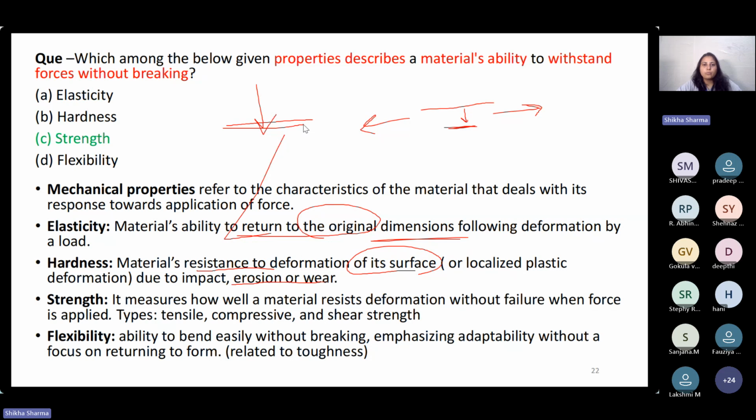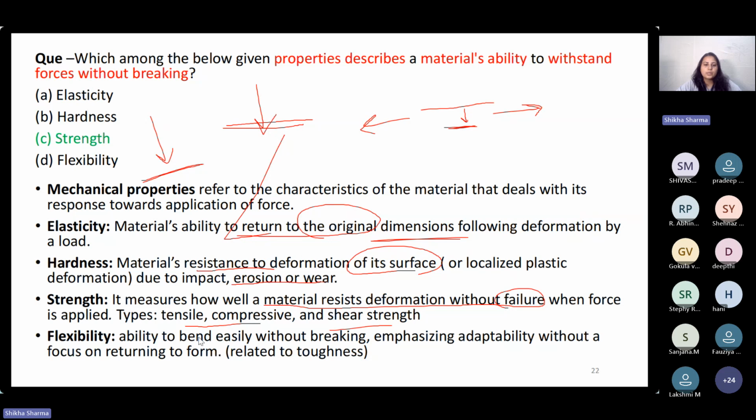That is the hardness. And then strength tells how well a material resists deformation without failure when force is applied. If the force is applied on some metal rod, how much it can withstand without failure is strength. This can be tensile, compressive, and shear strength also is a kind of strength.